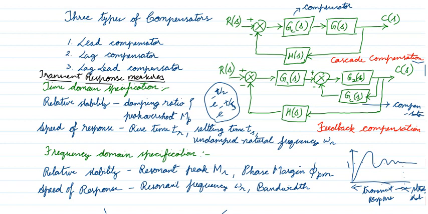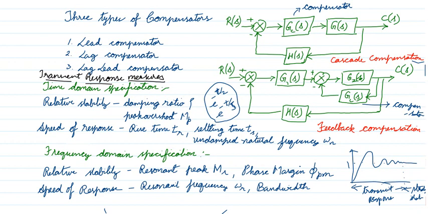In time domain specifications, to improve the relative stability, the question may be given in the form of damping ratio or peak overshoot. Similarly, to improve the speed of the response, that is, for the system output to settle quickly, it can be given in the form of rise time, settling time, and undamped natural frequency of oscillation. This is your omega n. This oscillating frequency is your undamped natural frequency of oscillation, omega n.